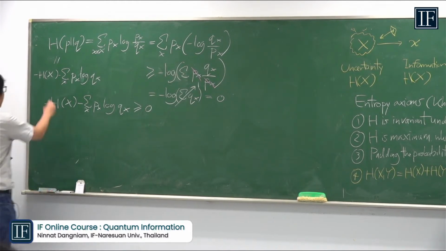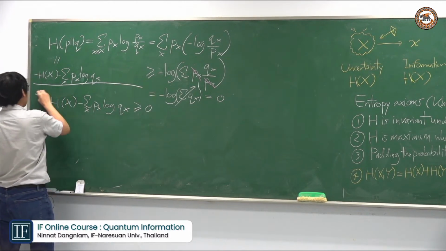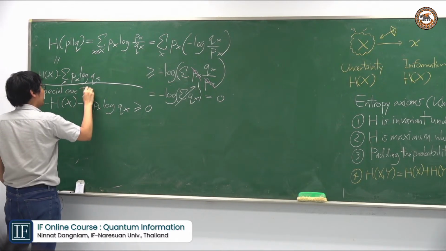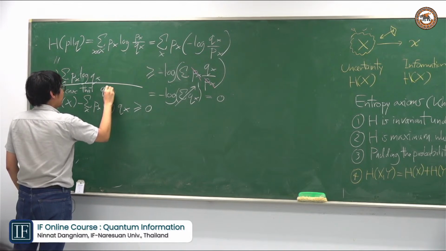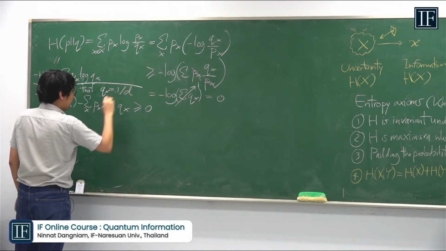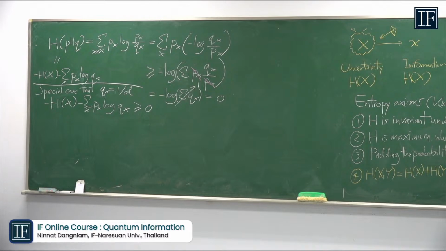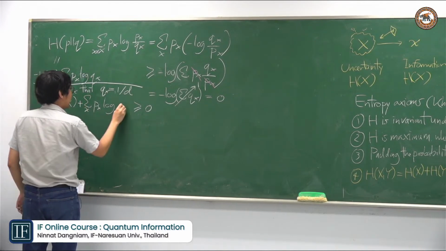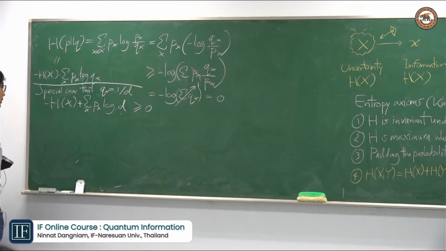So suppose a special case that qx is 1 over d. So if the random variable q is equiprobable, then this would just be plus log d, right?